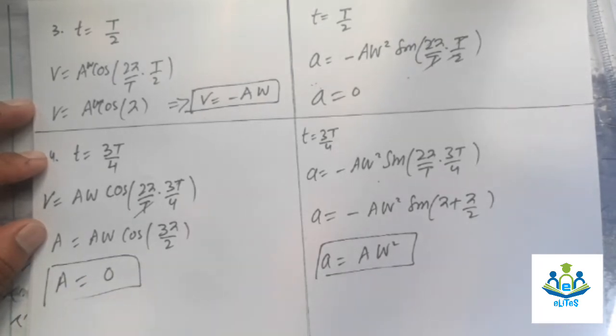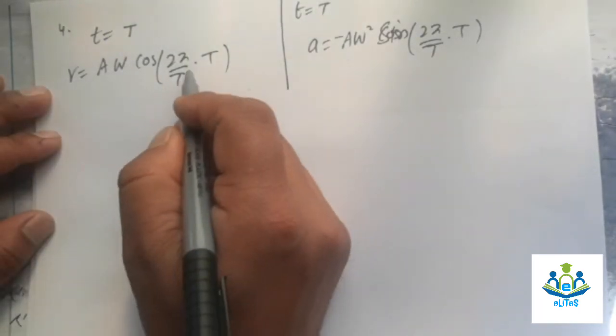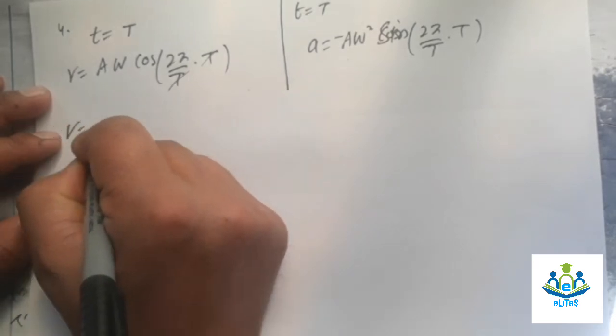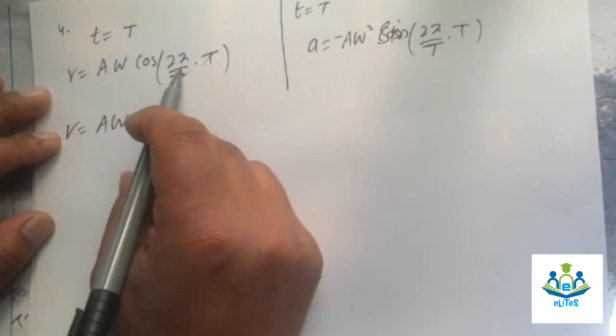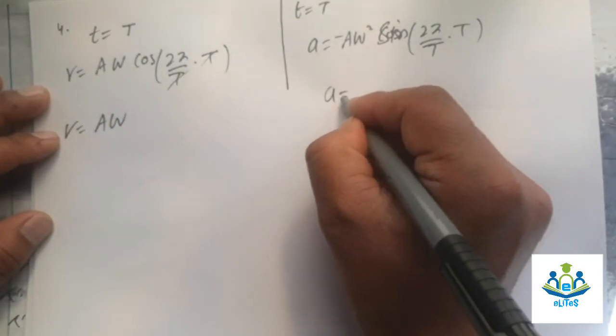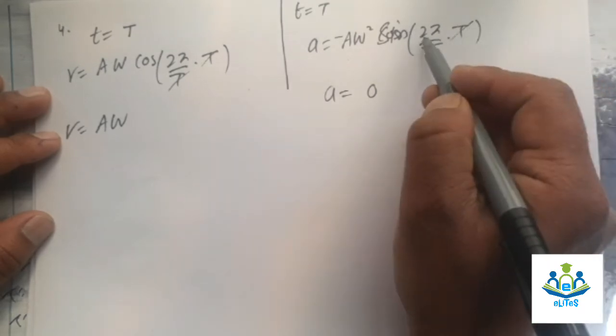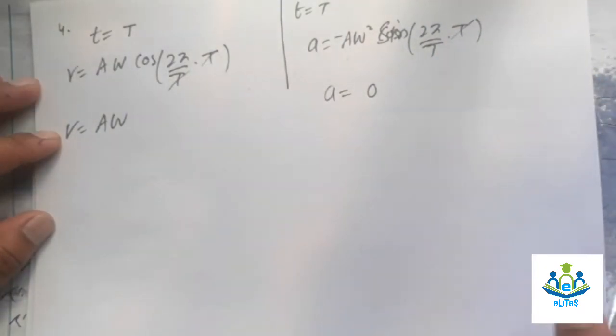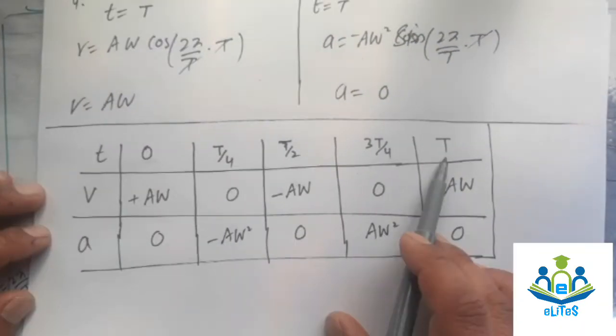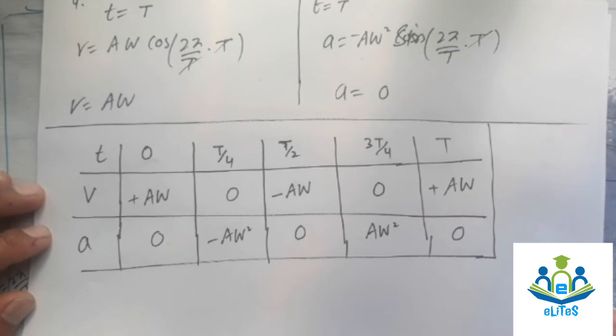Okay. And again here at time T, it will be equal to a omega, because cos 2 pi is plus 1, and acceleration will be 0 because sine 2 pi is 0. Okay. This is the data we have got for velocity and acceleration at different time intervals.